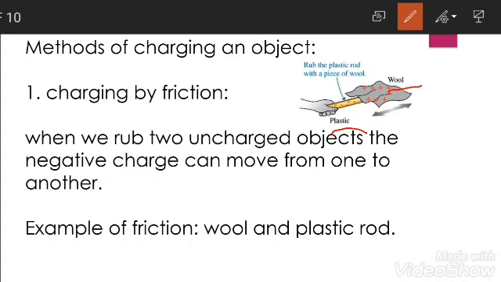These two objects don't contain a charge. When we rub the plastic rod with the piece of wool, the wool becomes positively charged and the plastic becomes negatively charged. This is the first method of charging.